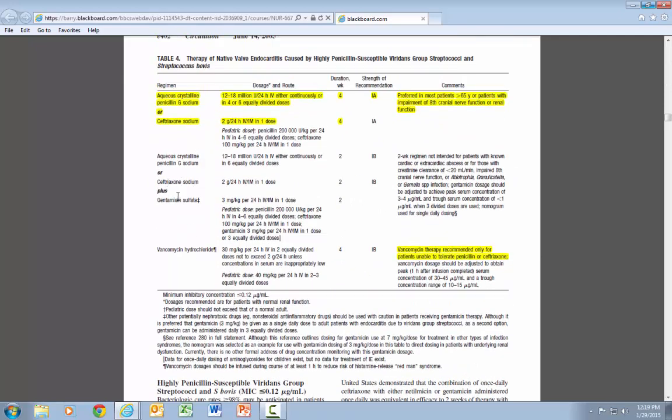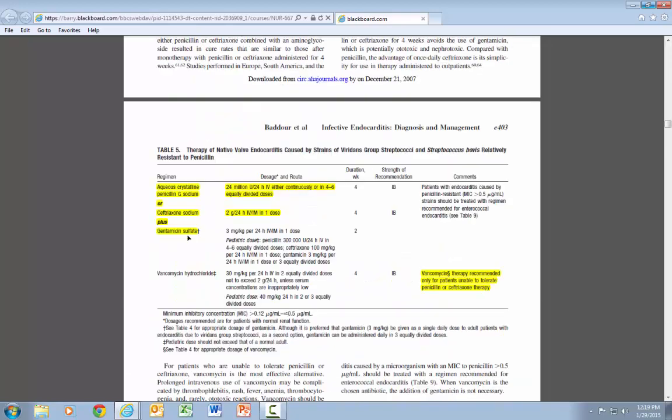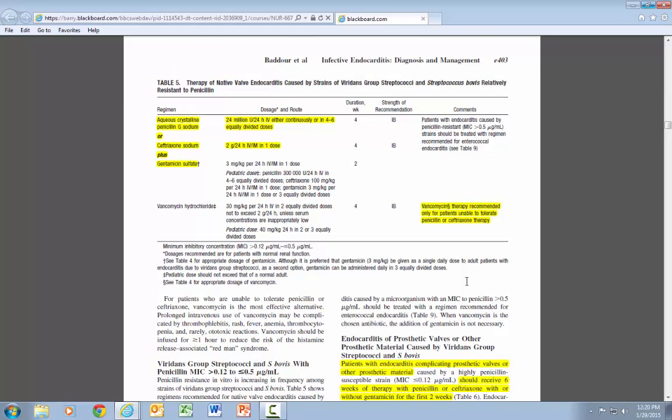You have different choices here. Remember, ceftriaxone plus gentamicin, but the initial treatment, if you're not allergic to penicillin, should be penicillin G. Here again, vancomycin therapy is recommended only when you're unable to tolerate penicillin or ceftriaxone. So the first initial choice should be penicillin G or ceftriaxone.